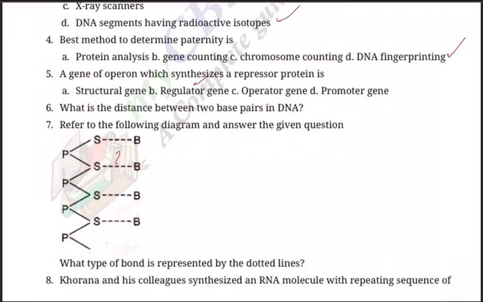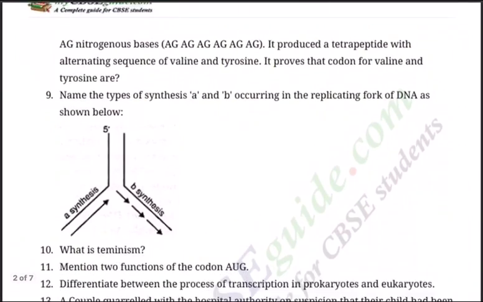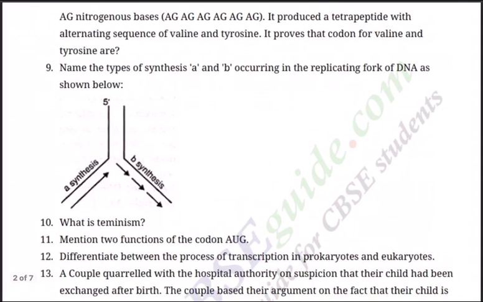Corona and his colleagues synthesized an RNA molecule with repeating sequences of AG nitrogen bases. It produced a tetrapeptide with the alternating sequence of valine and tyrosine. What are valine and tyrosine? Amino acids. It proves that the codons for valine and tyrosine are, okay, what are the codons?